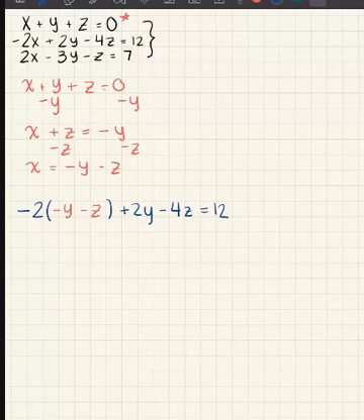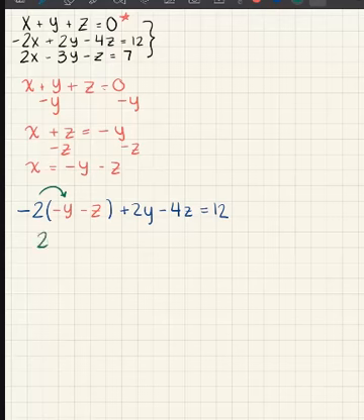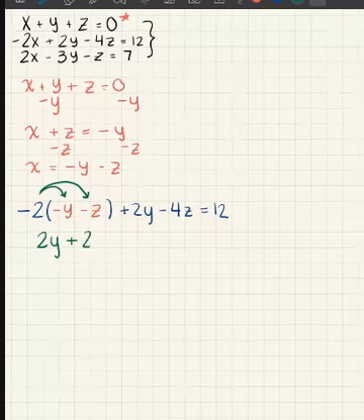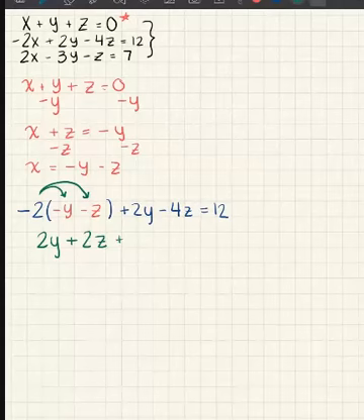That would be your entire second equation with the first one plugged into it. So you do want to distribute. You distribute the negative 2 to the negative y, giving you 2y, and the negative 2 to the negative z, giving you plus 2z. And since we have not touched everything else, we're just going to bring it down.